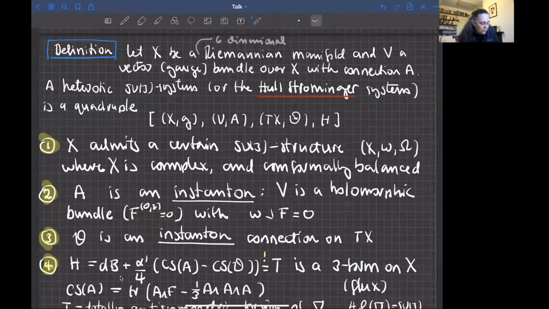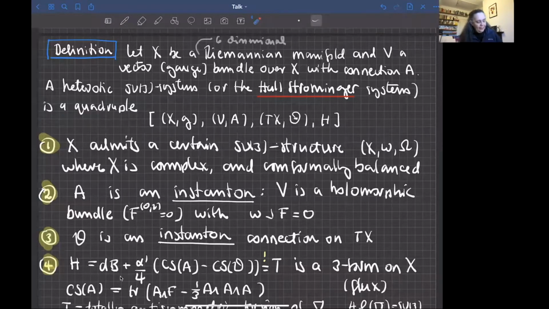F is the curvature of the connection, and it's a 2-form, and the (2,0) part and the (0,2) part vanish. So that needs to be holomorphic, and we will talk more about this in a moment. And also there is a condition that says that the trace with respect to the Hermitian form is 0. So this is the Yang-Mills condition on the curvature of the connection.